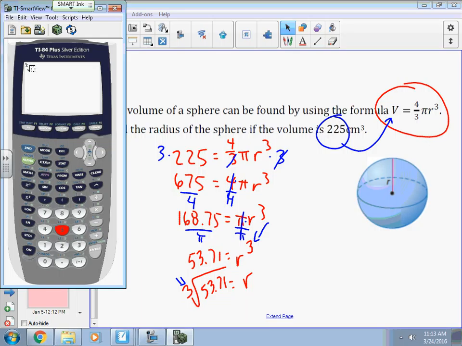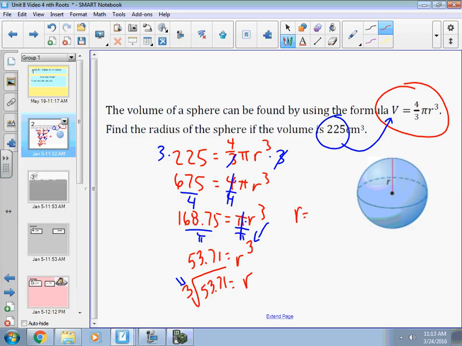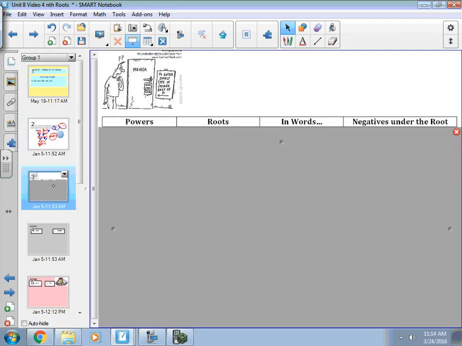Then type in whatever you want to take the root of, here 53.71. Hit enter, and it looks like the radius is pretty close to about 3.77 centimeters. So you can undo any power by doing that same root, and that's what we're going to be looking at today.